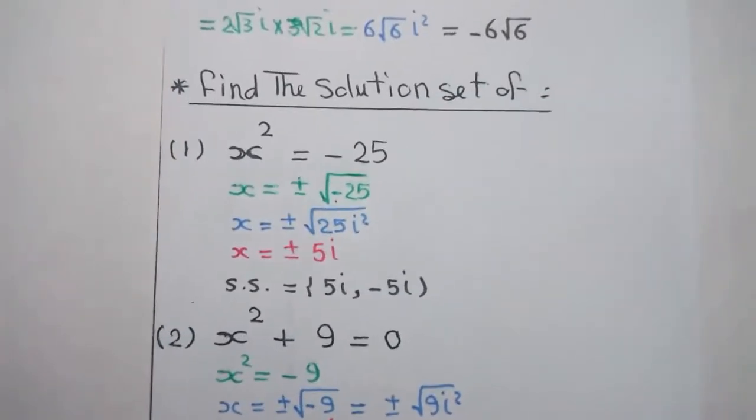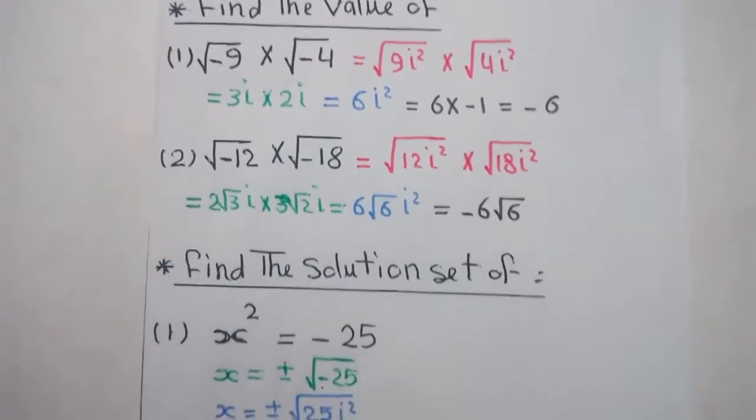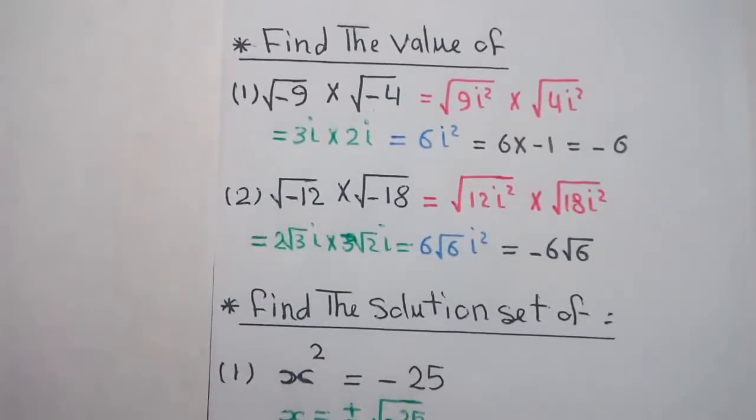Find the value of the following. Root negative 9 times root negative 4. Negative 9 will be changed to 9i power 2.